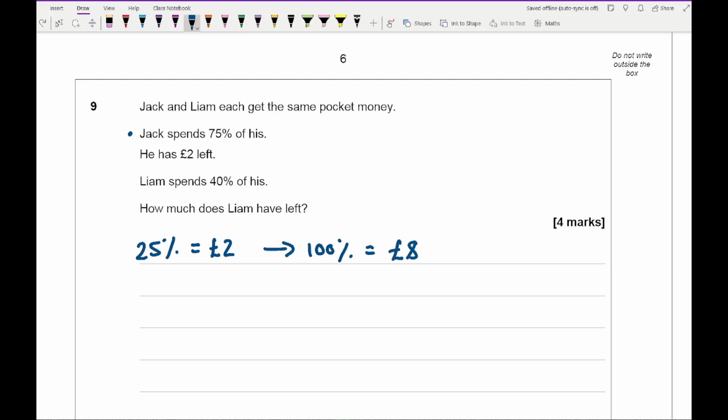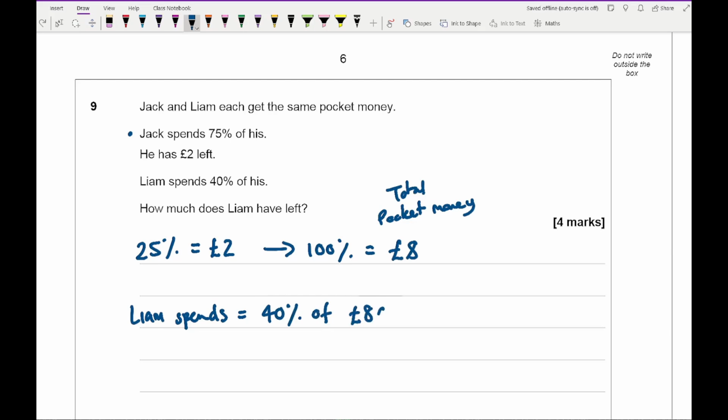So this is the amount of pocket money, or the total pocket money that both Liam and Jack get. So then to work out Liam, Liam spends 40% of £8.